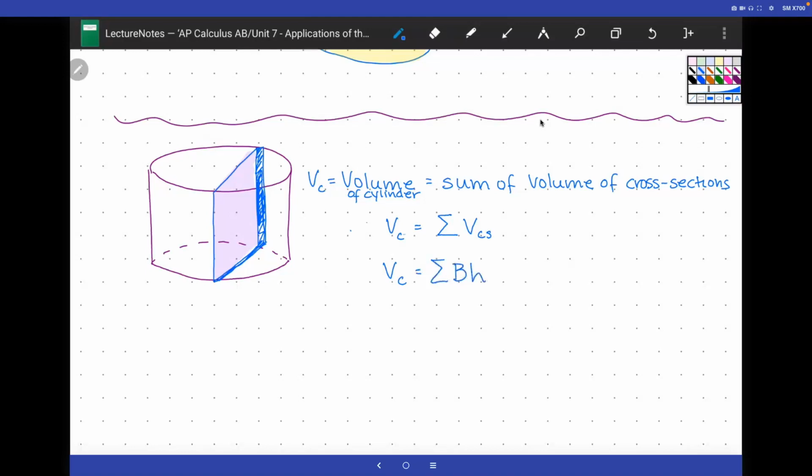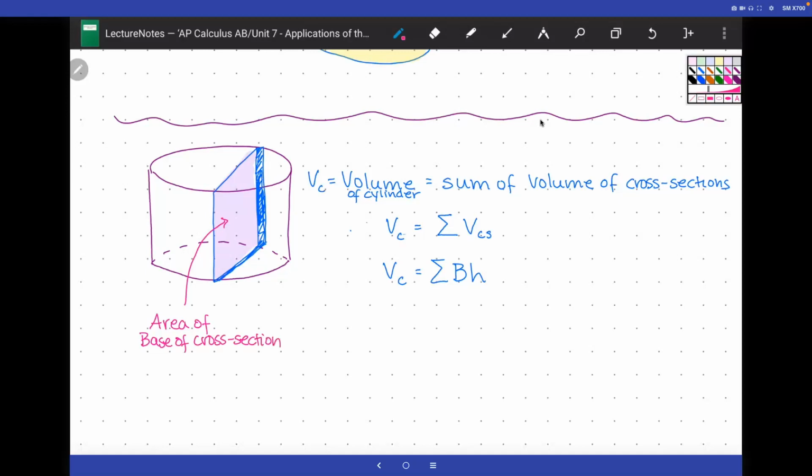I'll just leave it like that though. So let's go back to our picture for a second. The area of a base of the cross section.